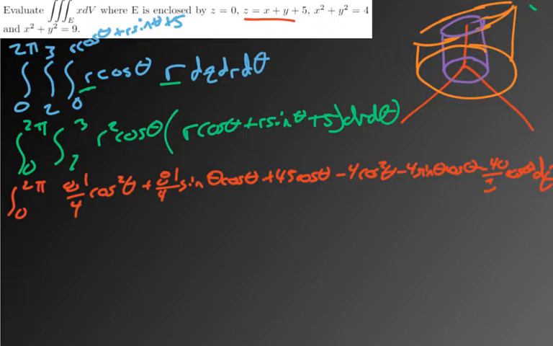Okay, so I did a few things there. I would distribute in, right? So I get r times r is r cubed, and then cosine times cosine is cosine squared. That's where I'm getting that. Cosine times sine, cosine sine. Cosine times the 5 is just cosine. And then I also integrated the polynomial stuff with r.